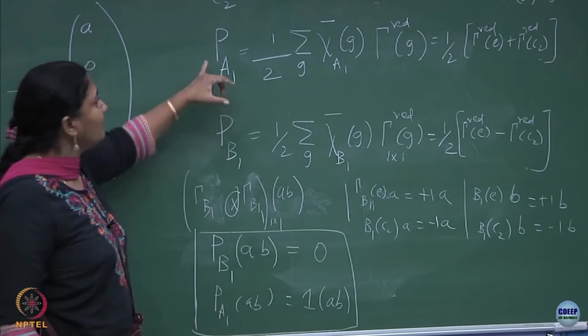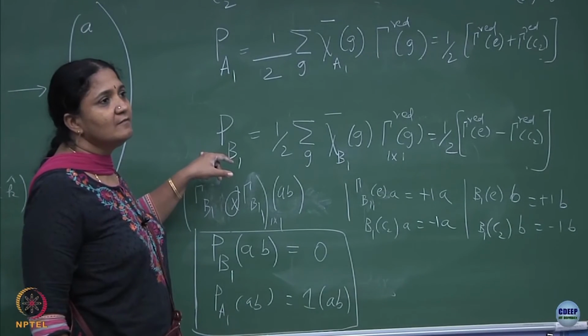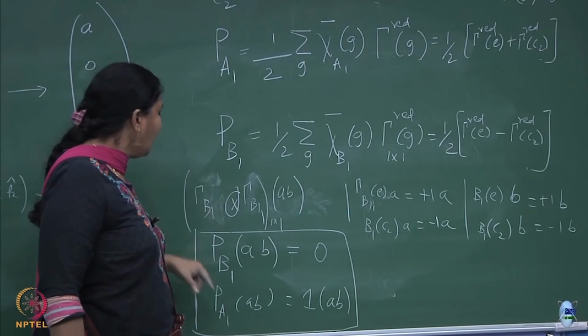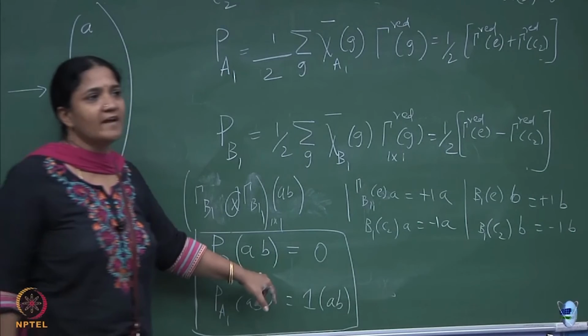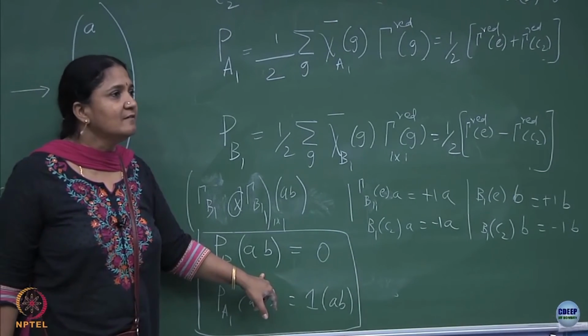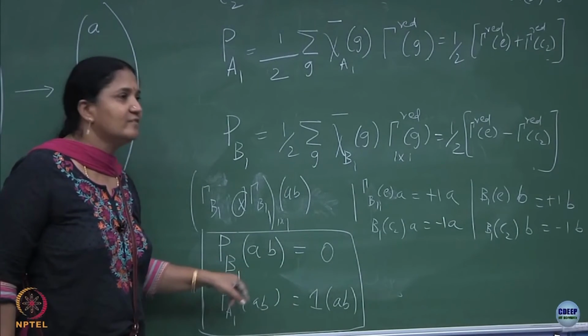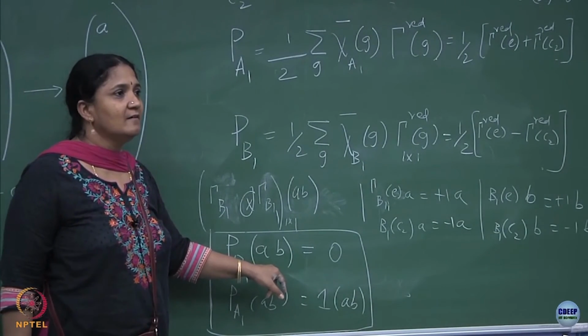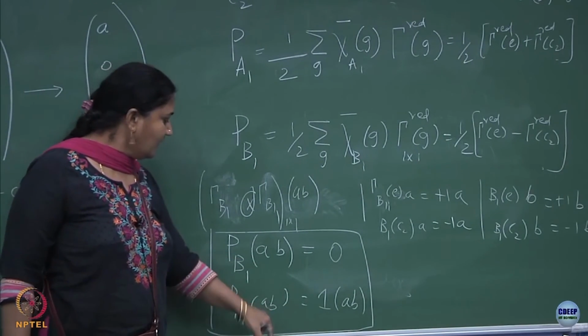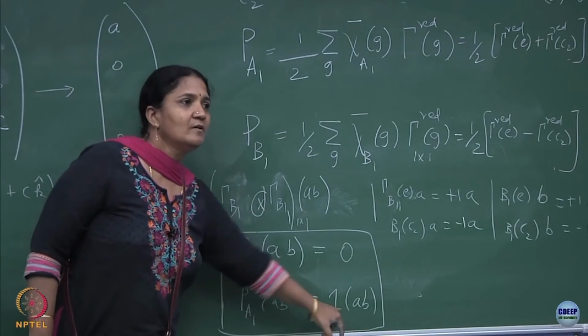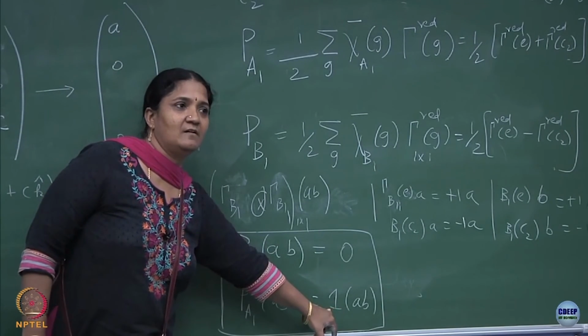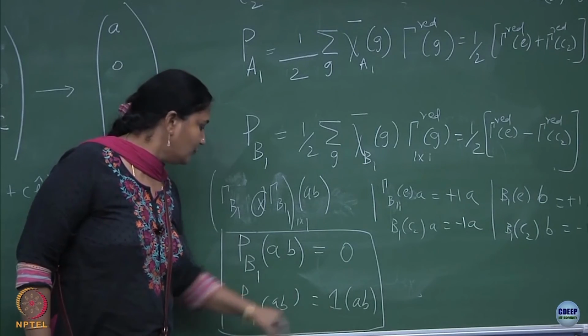I introduce a projection operator and just blindly apply the projection operator on that binary basis. If it gives me 0, that means it does not belong to its subspace. If it gives me non-zero and it is one dimensional, so it gives you just AB.